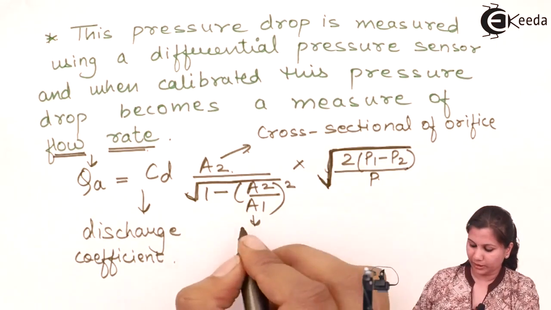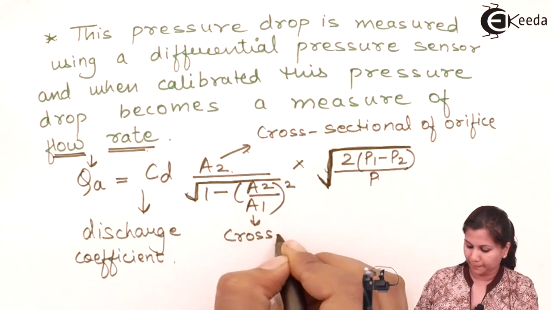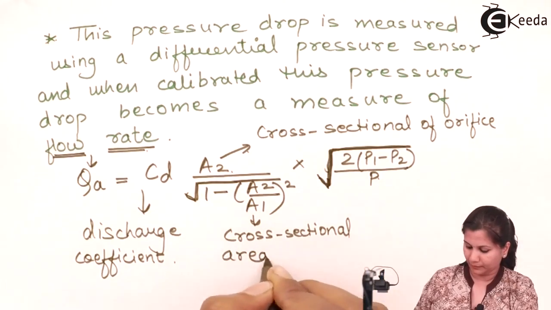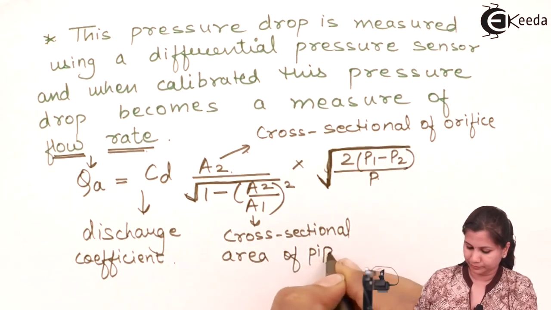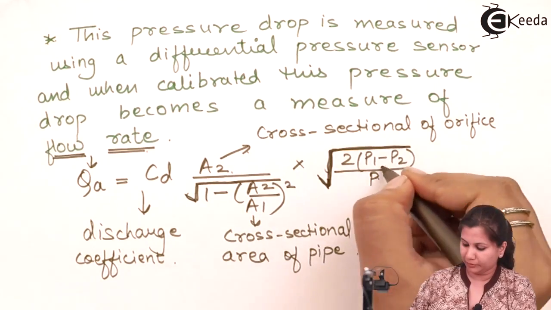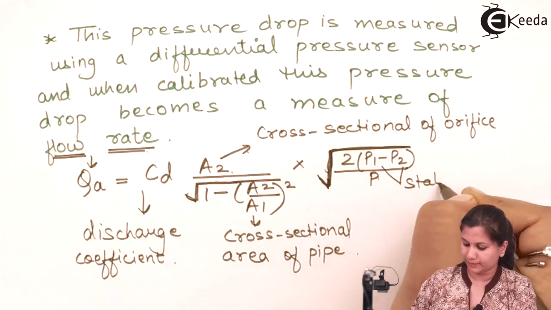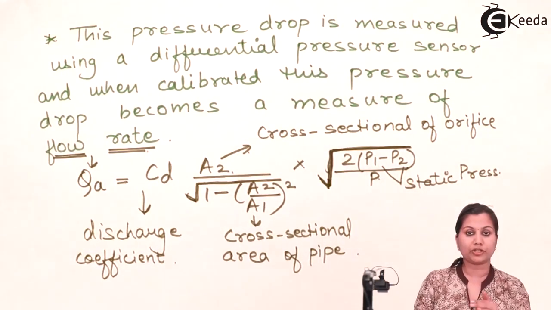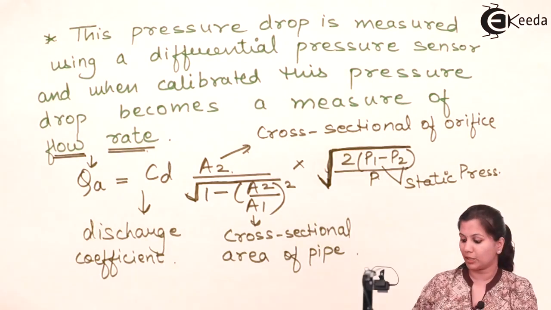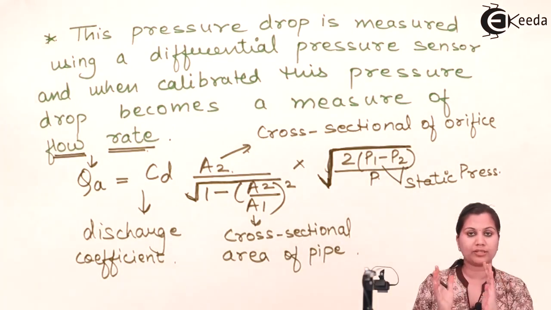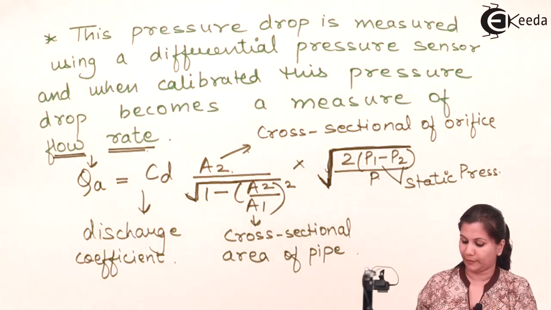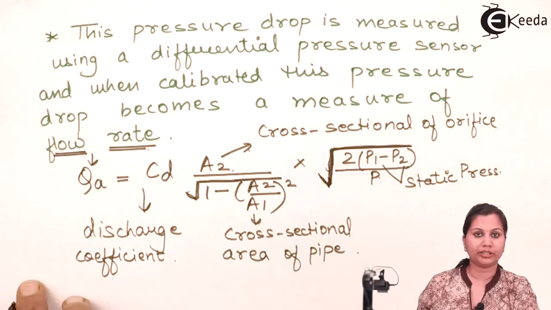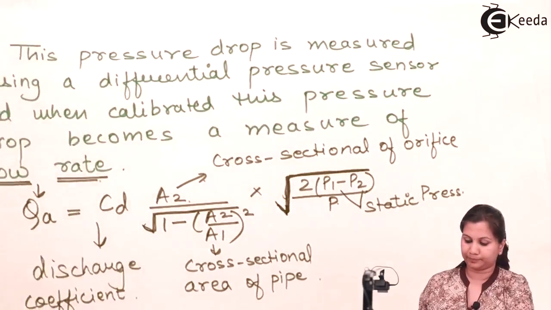A1 is the cross-sectional area of the pipe. And P1, P2 are the static pressures, because we are measuring the pressure before and after the orifice plate, so P1 and P2 are the two locations where we are measuring the pressure difference. So the flow rate is given by this, and you can see that it is directly proportional to the difference in the pressure.